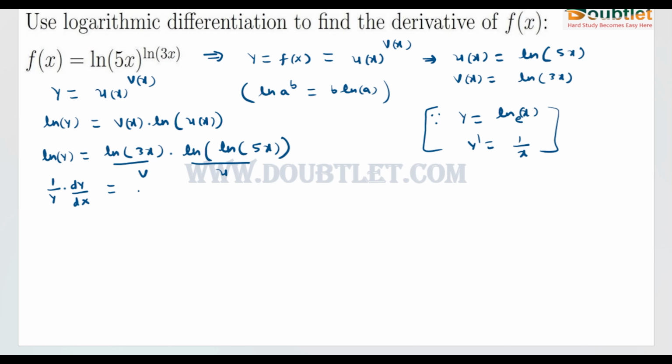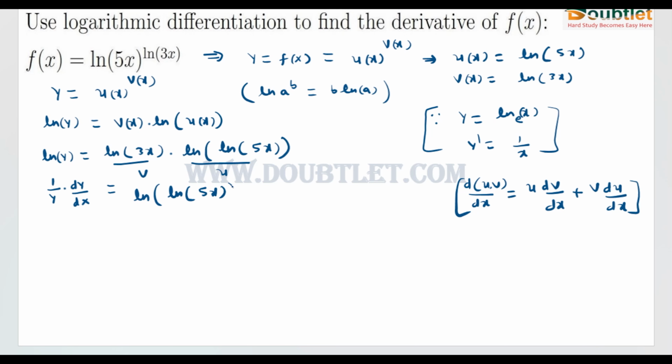Now we know that the differentiation of u into v with respect to x is equal to: first we leave u as a constant and differentiate v with respect to x, then we leave v as a constant and differentiate u with respect to x. So we leave this as constant, so this will become ln 5x multiplied by d by dx of ln of 3x.